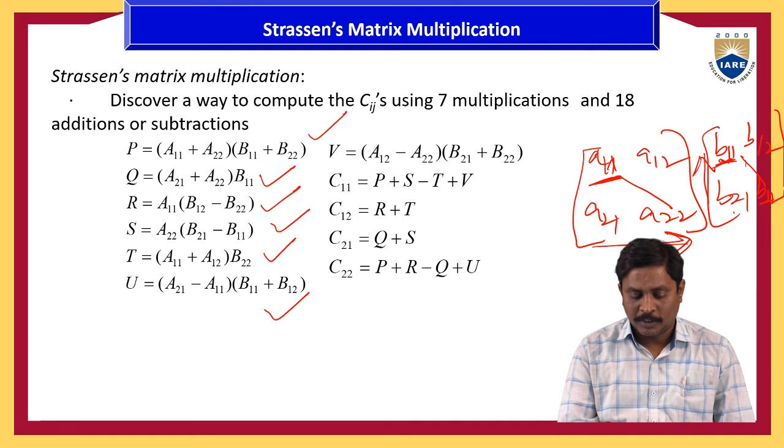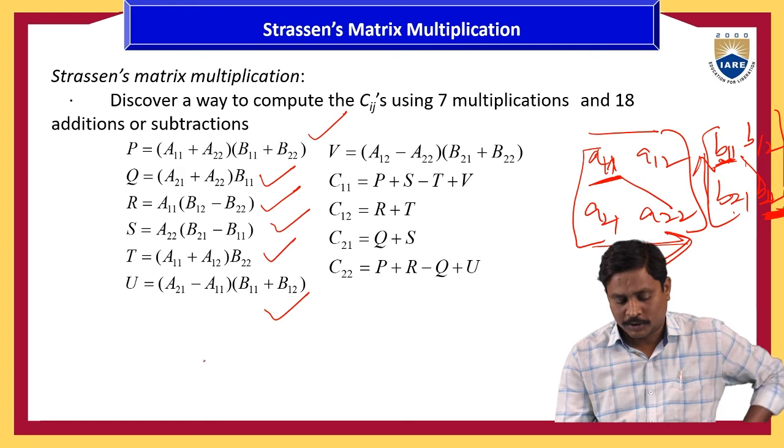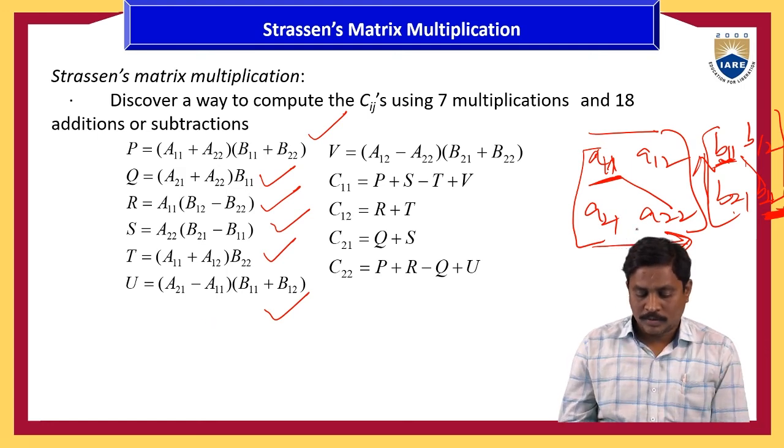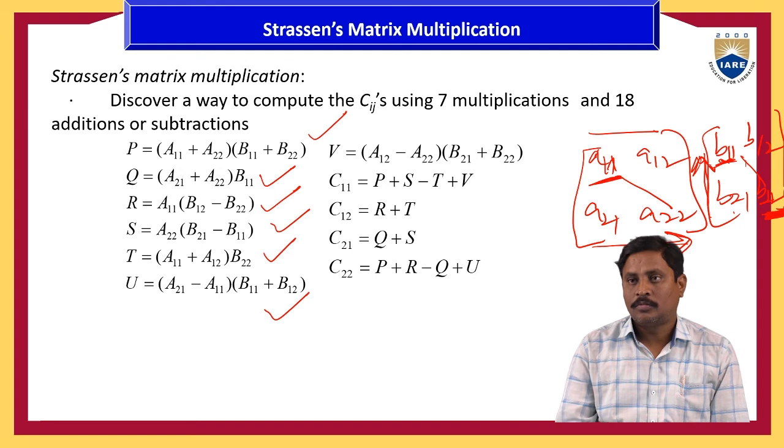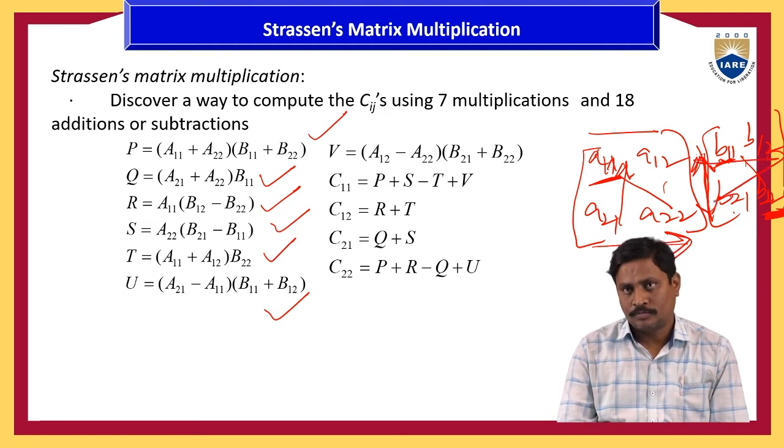S is A22 into (B21 minus B11). T is (A11 plus A12) into B22. U is (A21 minus A11) into (B11 plus B12), that is the first row.